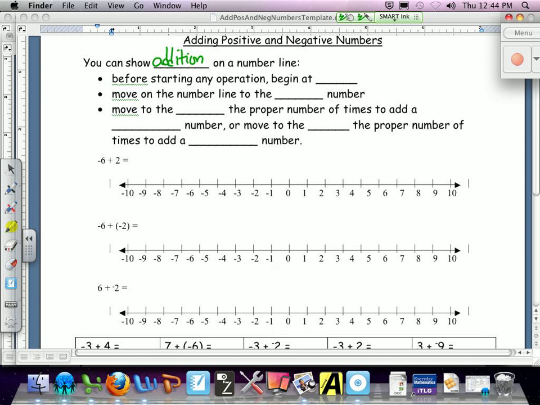Here's the part that I don't necessarily intuitively do. For some reason, someone's decided that to model on a number line, before starting any operation, begin at 0. Even when I'm doing bedtime math with my daughter, and she has a problem like, if you had 6 pieces of Easter candy and your friend added 2 pieces, I tell her, don't start at 0 and count up to 6.